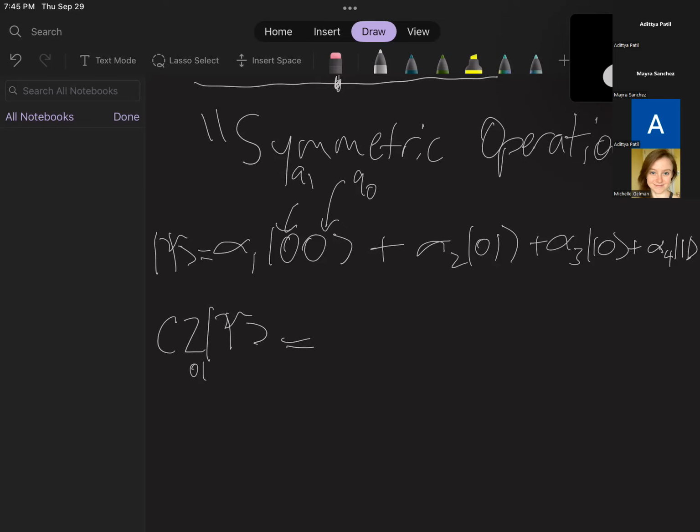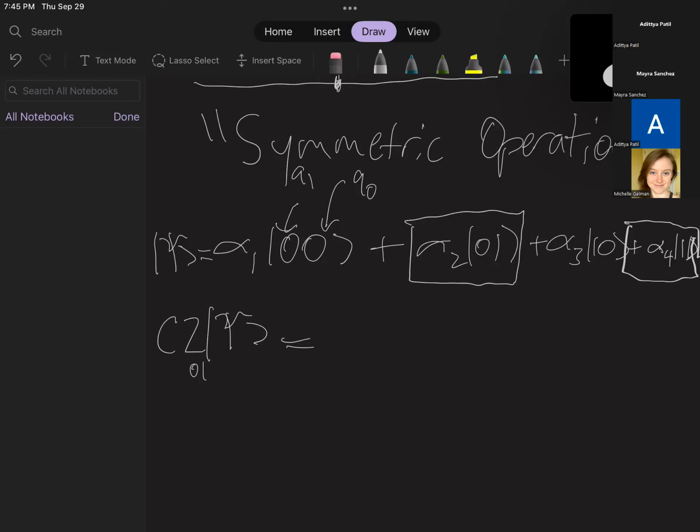So basically, if 0 is the control qubit and 1 is the target qubit, then we want to look at two states in particular. If the control qubit is 0, it does nothing once again. If the control qubit is 1, it does. So two states that we want to look at in this case are this one right here and this one right here, because the control qubit is 1 in both of these cases.